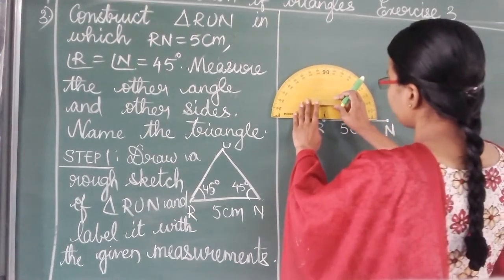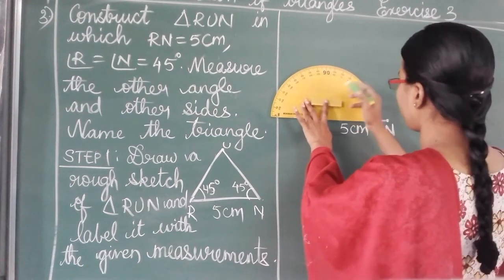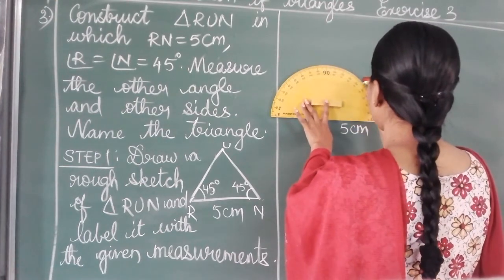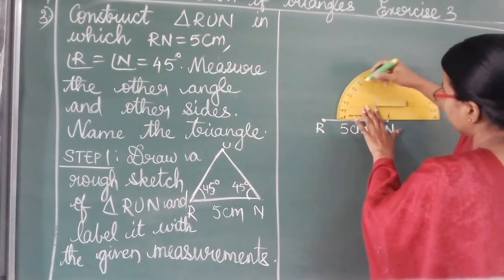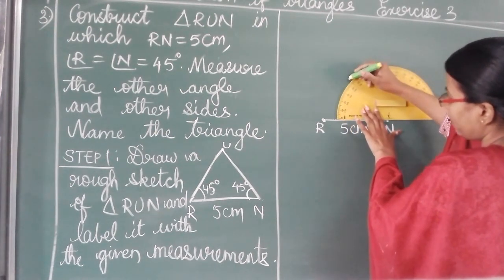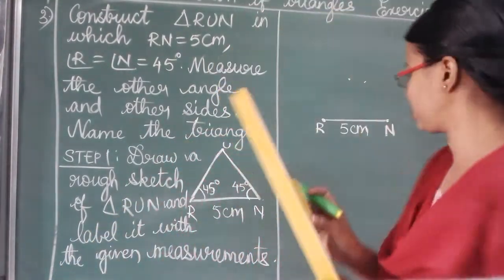See that the base line is overlapping on the line segment that is drawn, and let us mark 45 degrees here and draw a ray. Then let us mark 45 degrees and draw a ray. Use your scale for drawing the rays.